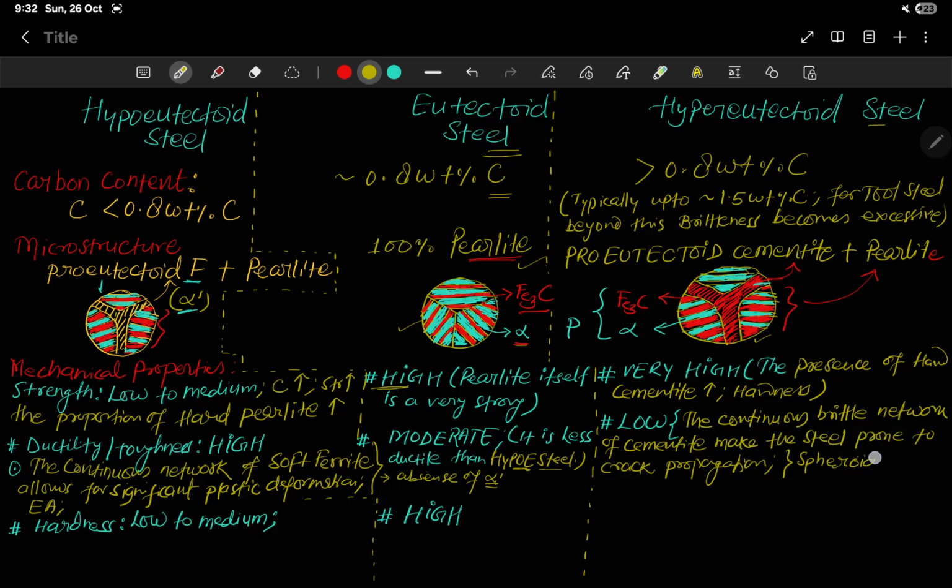Spheroidize the cementite phase, and hence toughness will improve. So by spheroidizing, the toughness or ductility will improve. These are the different properties, and hardness is very high.